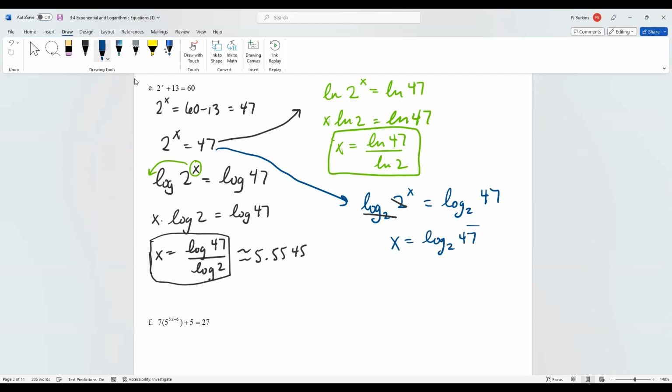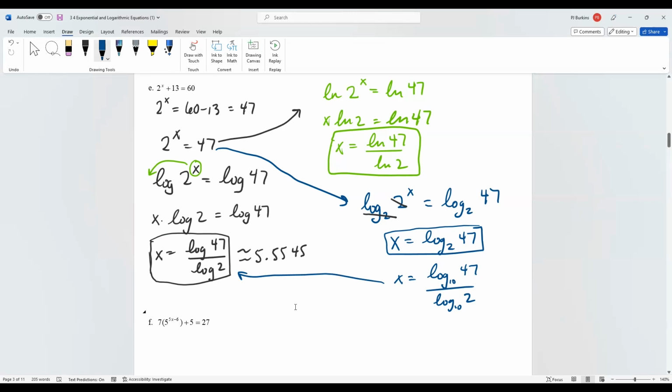Now, that might look nicer, but we don't really know what that is, and we also can't put that in the calculator. And you might recall last week that you did change of base formula. So change of base says that this is equal to the log base anything else. Let's use log base 10 of the interior divided by log base 10 of the original base. And if you look, right, that's exactly what we had before. So I thought that's a nice little way to kind of tie everything together there.